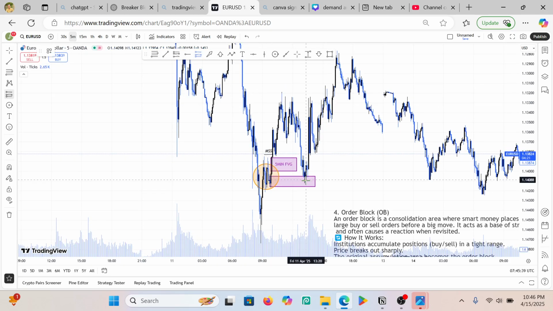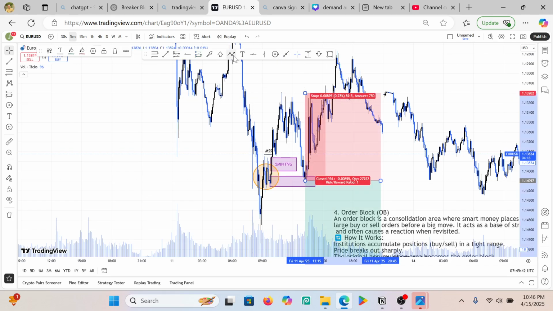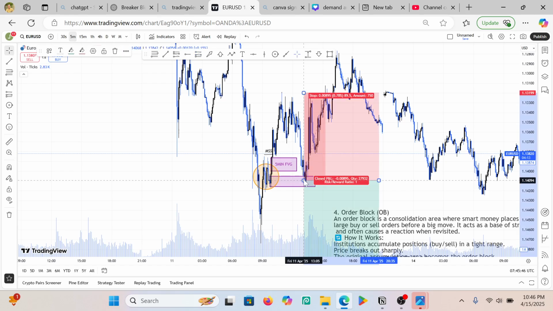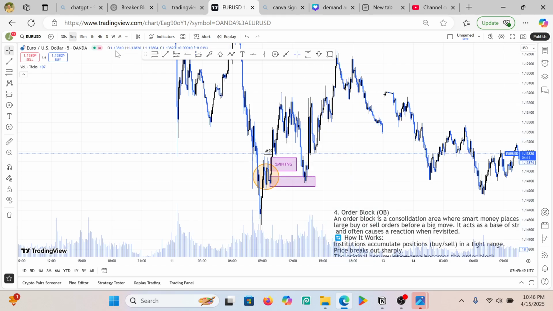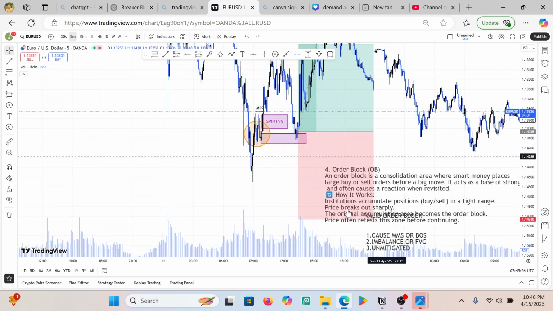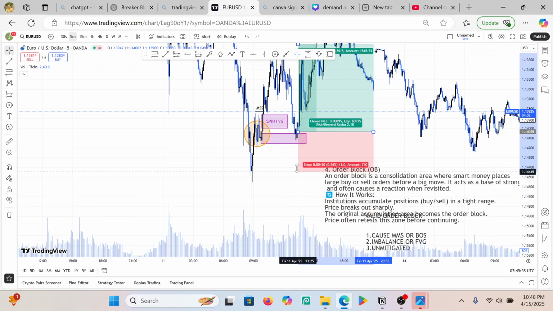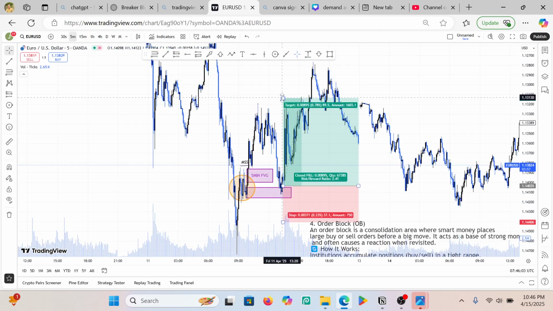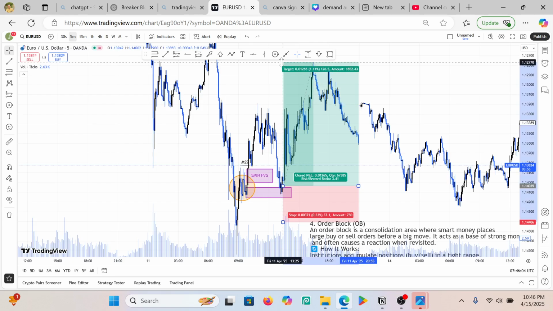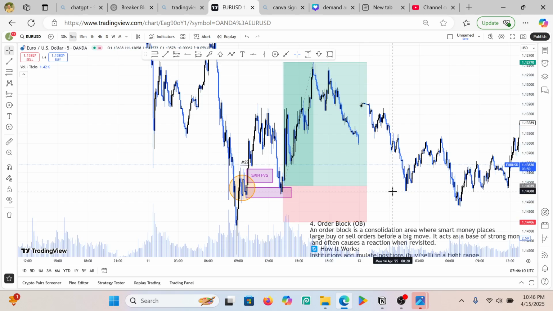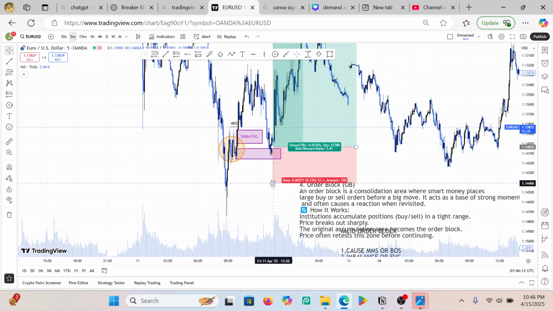Long positions. As you can see, your take profit was smashed.